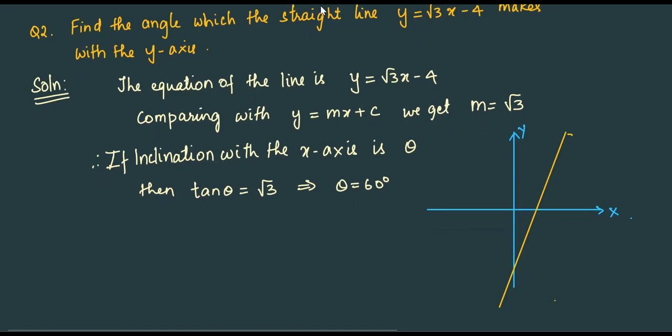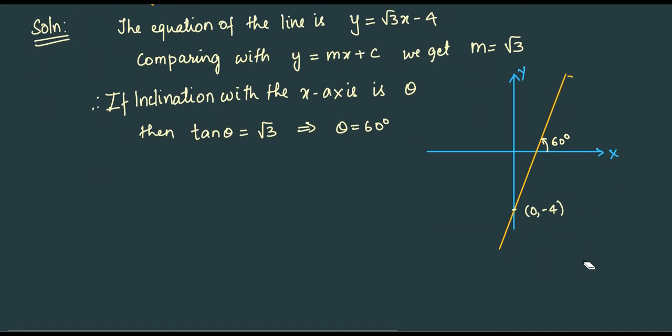Here, of course, you don't need to draw lines accurately. This inclination is 60 degrees, and this point is (0, -4). The intercept is minus 4 on the negative y, at a distance of 4 from the origin. So the inclination with the x-axis is 60.